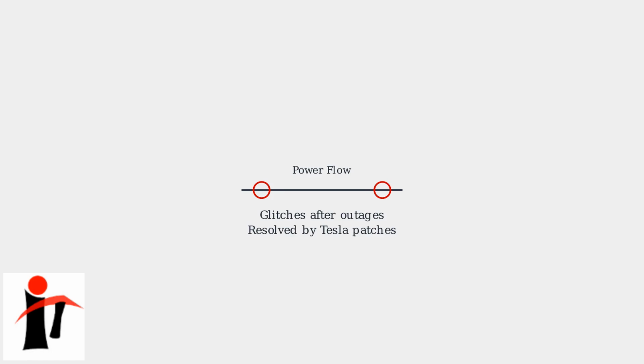Ensure your wall connector has the latest firmware installed through the Tesla app. These updates frequently address charging issues and improve compatibility with smart home systems. Firmware glitches, particularly after power outages, can cause charging errors. These are often resolved with mass firmware patches provided by Tesla support through the app.